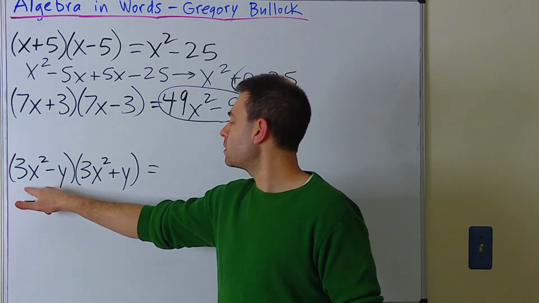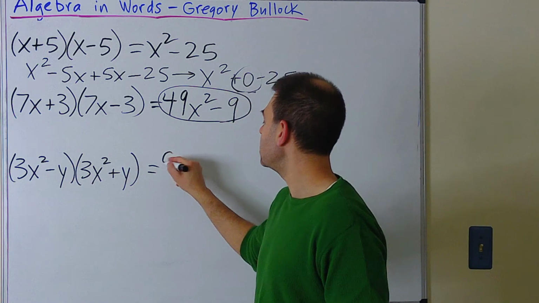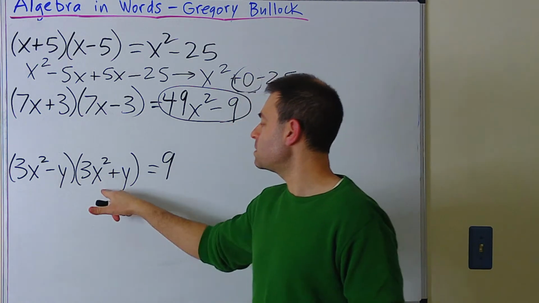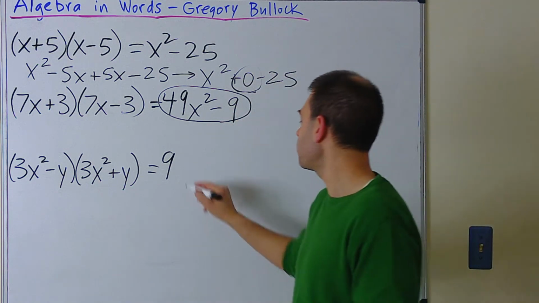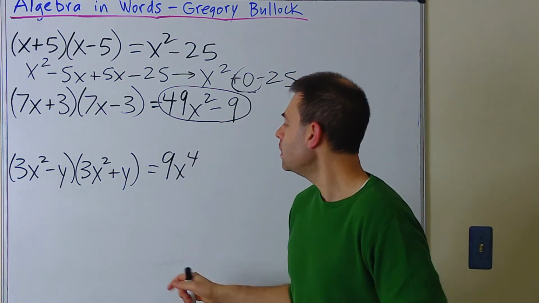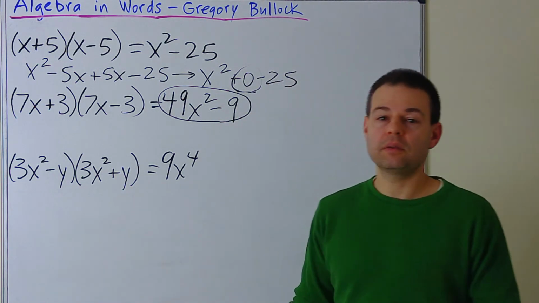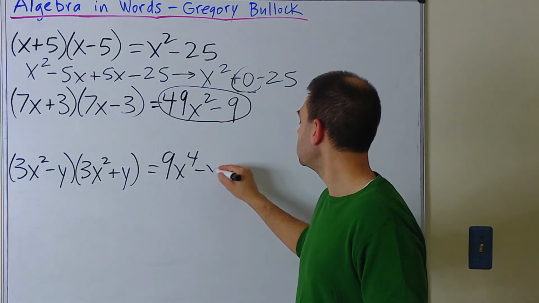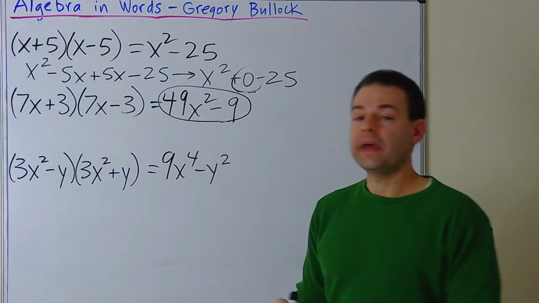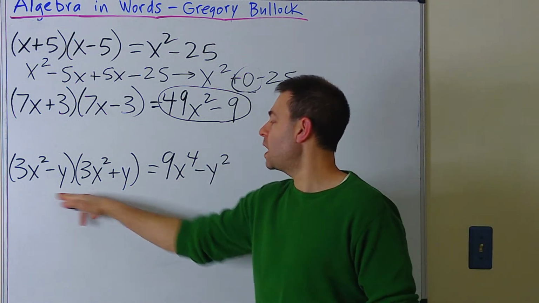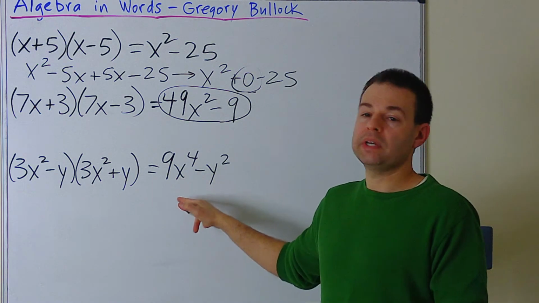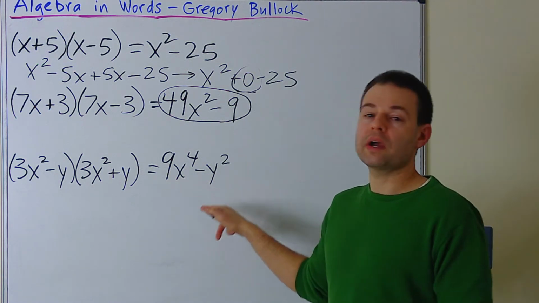When we do the product of the first terms, 3 times 3 is 9, and x squared times x squared is now x to the 4th. And then we do the product of the last. Negative y times y is going to be negative y squared. And once again, we started with two conjugate binomials, and we ended with the difference of two squares.